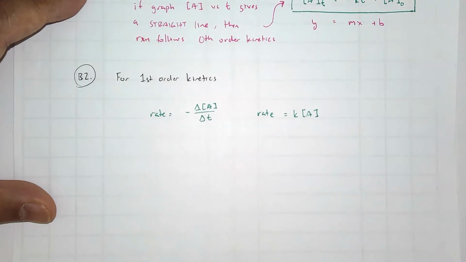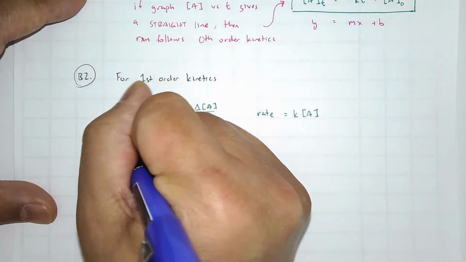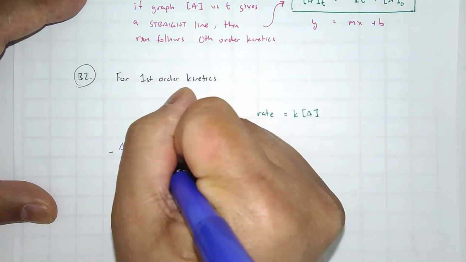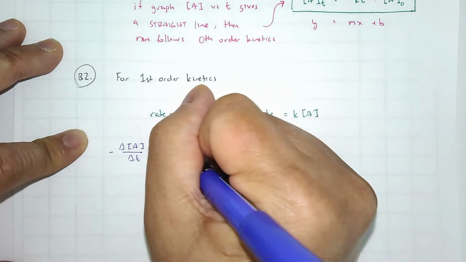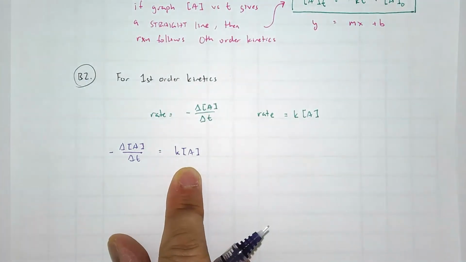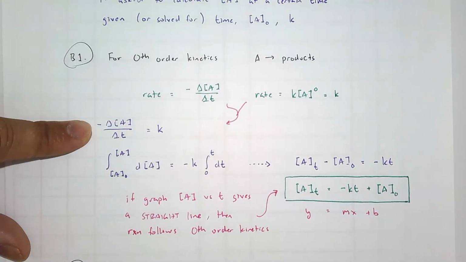Set those equal to each other. If we set those equal to each other, we have this equation. Okay, so it's a little bit different because now we have the concentration of A on the right. You know, in our 0th order kinetics, we didn't.